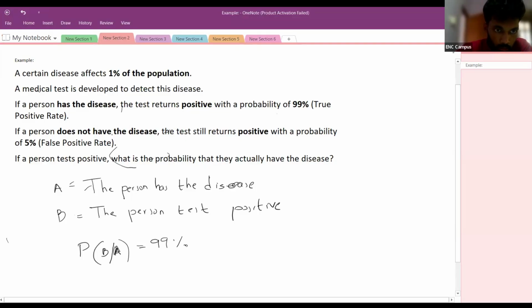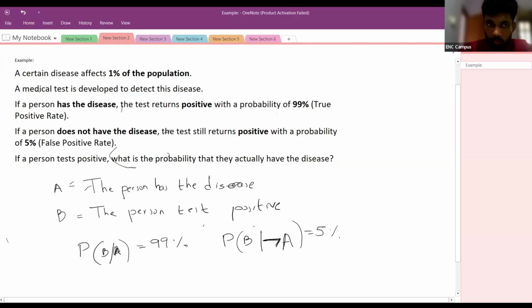If a person does not have the disease, the test still returns positive with a probability of 5%. If the person does not have A, still the person can test positive. The percentage is 5%.